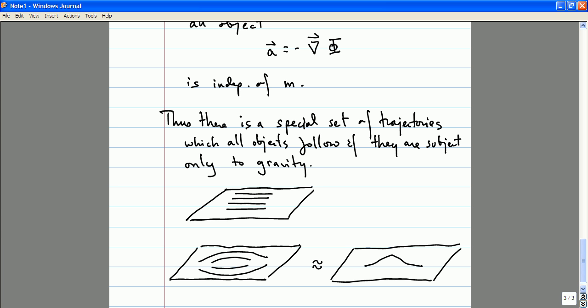In the example of the solar system, the mass of the sun is vastly bigger than the mass of the other planets. So we could study the motion of the Earth through the solar system by pretending that the Earth's mass is so small that it doesn't create any gravitational field itself.